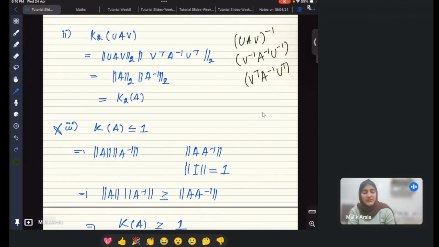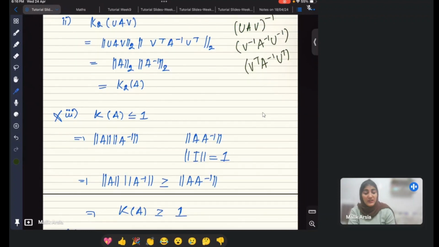Now for the third statement, it has been given that condition number of A is less than or equal to 1. Let us check this. We can simply write 1 as the norm of A into A inverse, that is the norm of an identity matrix, and that will be equal to 1. Now the condition number of A is norm of A into norm of A inverse.